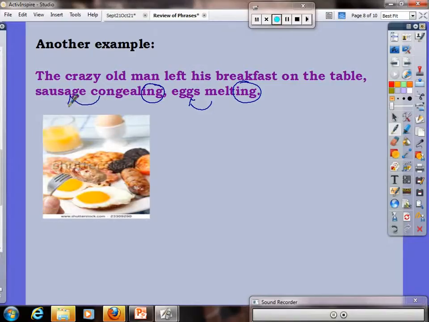Are they describing the breakfast on the table? Yes. So sausage congealing, eggs melting, both describe the breakfast on the table. If they're describing a noun, which breakfast is, then those are absolute phrases. I can take them out of the sentence completely. The crazy old man left his breakfast on the table, and that makes sense. So those are two absolute phrases modifying breakfast in that sentence.